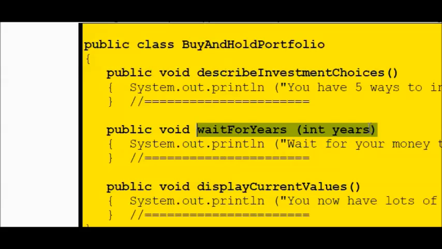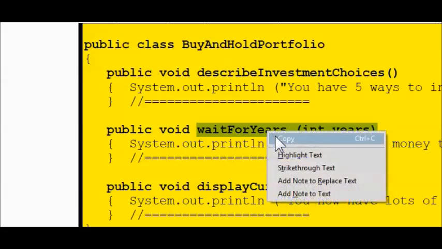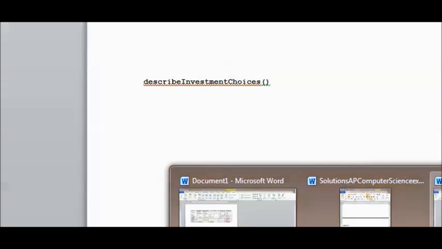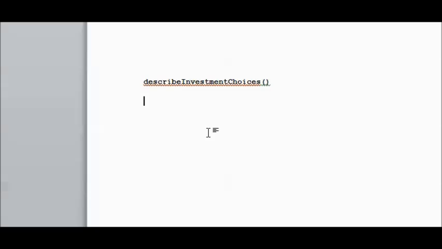Wait for years. That's the next method. We're going to take out the word years though. So we're going to copy this. Bring up Word. Paste it in here. Take out the word years. What's the next signature?